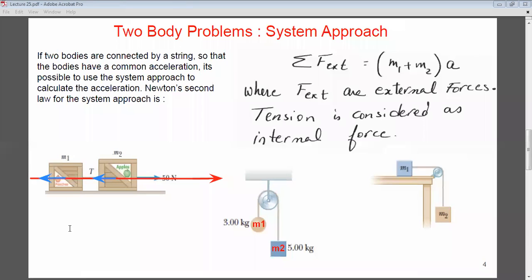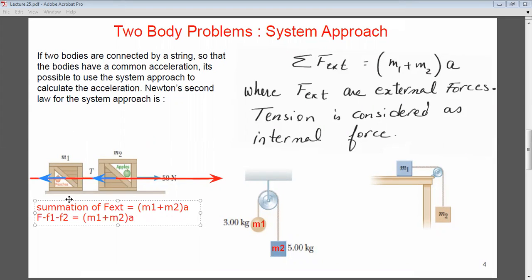So now, if I'm to write this, summation of F external equal m1 plus m2 times a. What are the external forces? I have this F, which is given, minus friction 1 minus friction 2. This is equal to m1 plus m2 times acceleration.